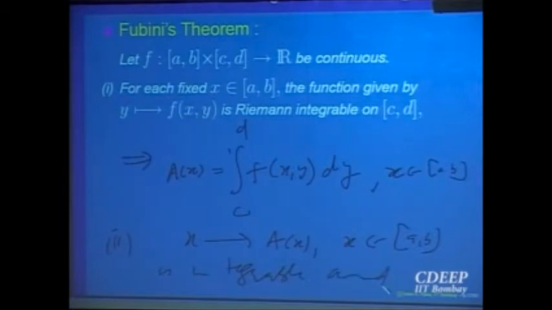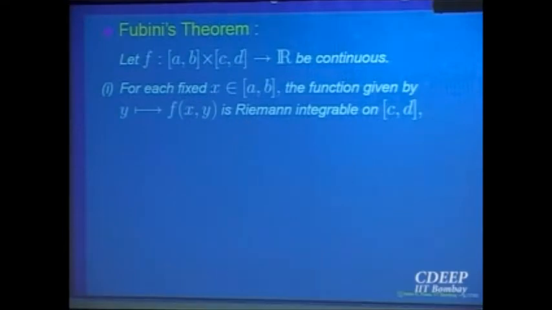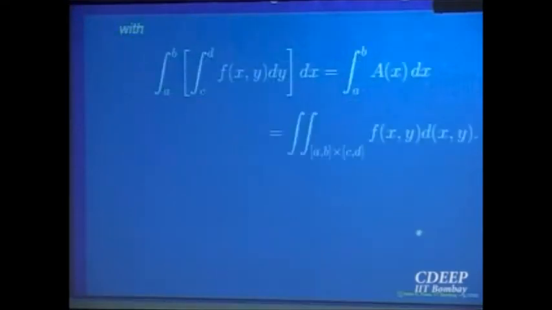You have integrated out one variable, you get a function of the other variable, integrate that out also, you get a number, and the claim is this number is same as the double integral of the function over the rectangle [a,b] cross [c,d]. Integrate f(x,y) with respect to y from c to d, that gives you the number A(x), integrate out A(x) with respect to x from a to b, that gives you a number, and that number is same as the double integral.